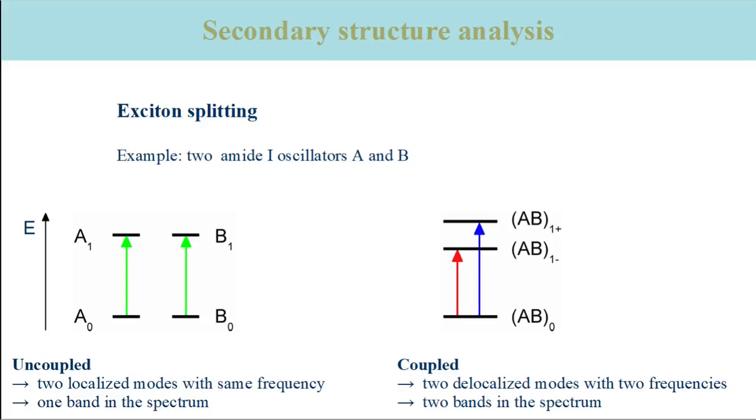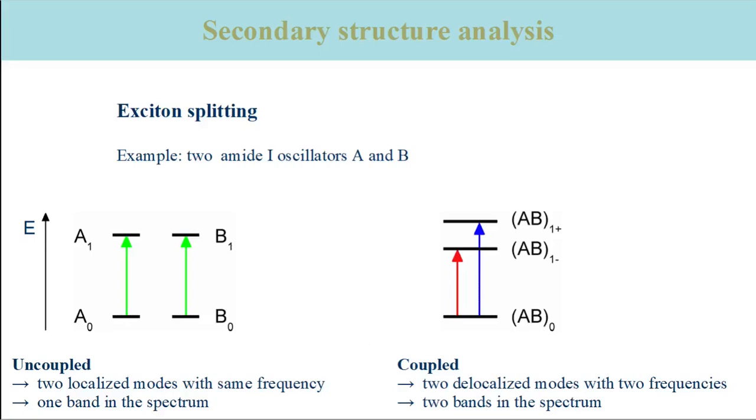Then we get two transitions with different transition energies. This is one transition energy, and this is the other one. The excited state energy is split into two energy levels, which are located symmetrically above and below the energy level of the isolated system.